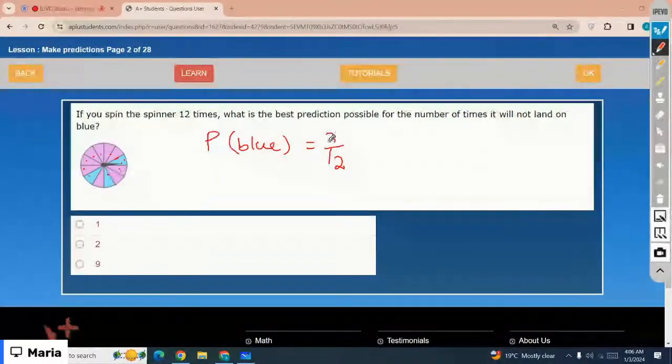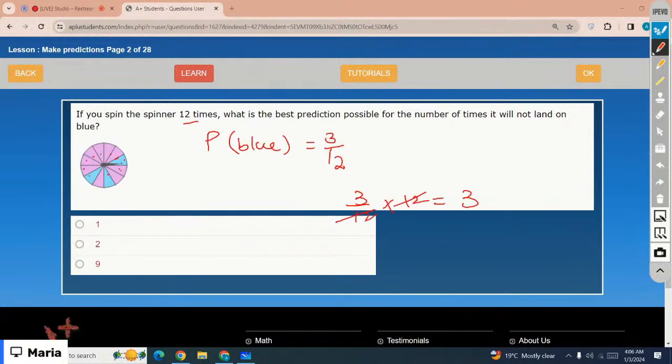Only 3 of them are blue. So the probability of blue is 3 by 12. Now you spin the spinner 12 times. So just multiply this probability by 12. So 12 times 12 cancels and you are left with 3. That means the best possible prediction is it will land on blue 3 times. Got it?